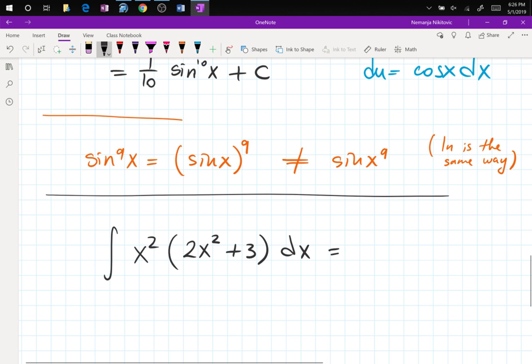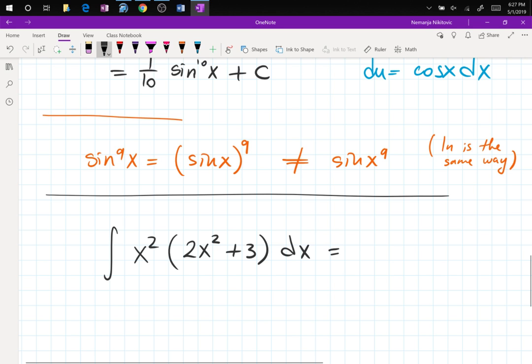Okay, so, well, this is why I'm not nice, right? Is this a u sub problem? No, right? We cannot find a function derivative pair.